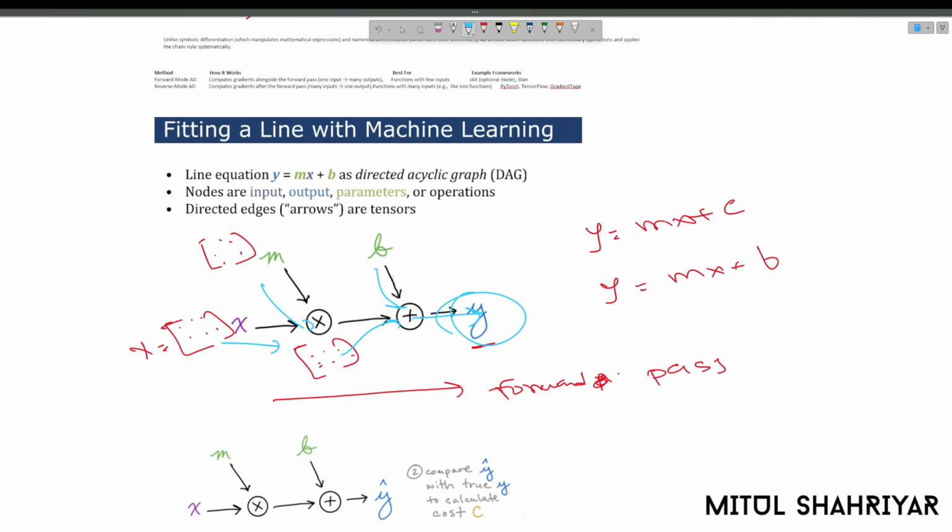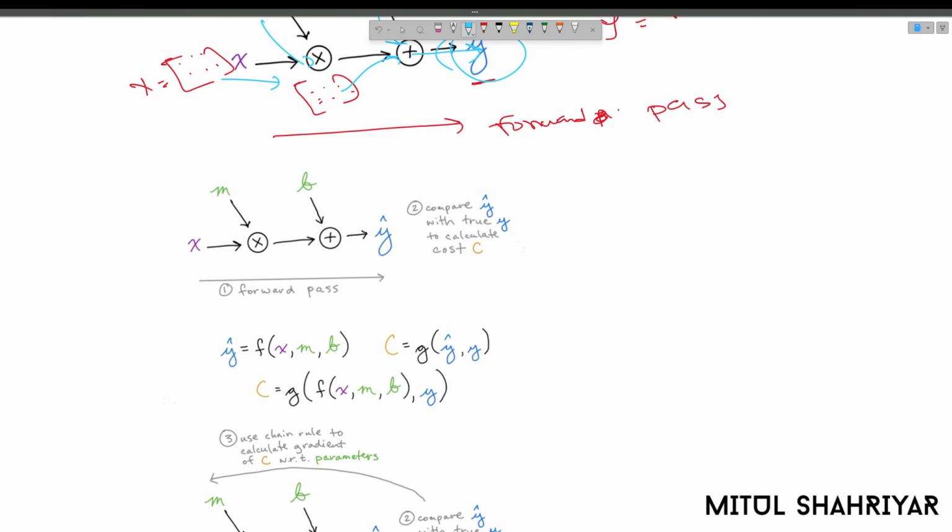So what happens in machine learning is, as we have seen earlier, we have some x, and in general we randomly guess the values of m, b, and others.